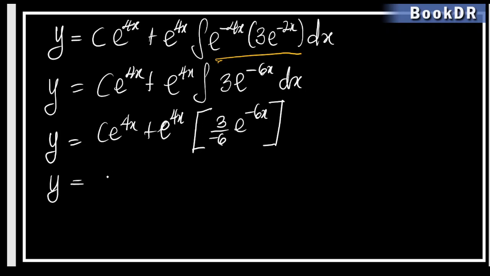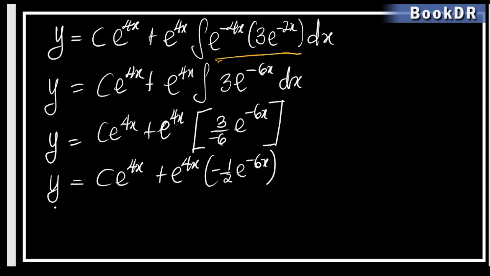We simplify the expression further. This will be c e^(4x) plus e^(4x) multiplying minus half e^(-6x). Let's perform this multiplication.